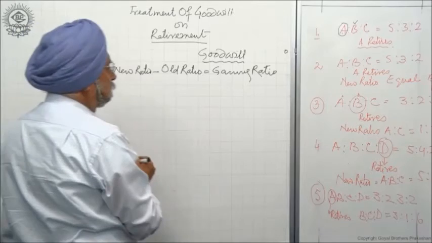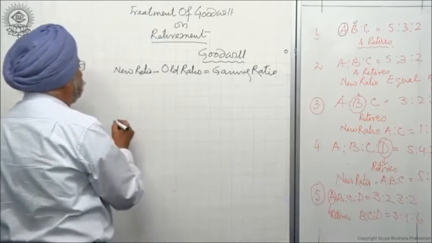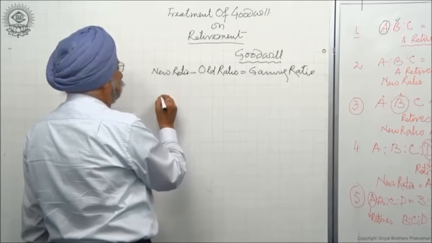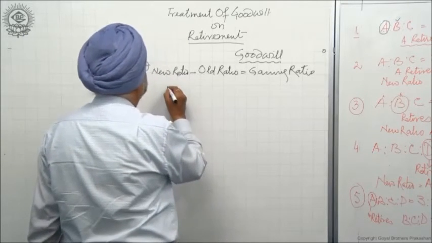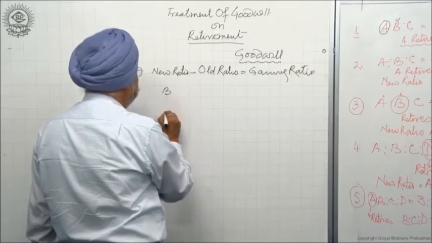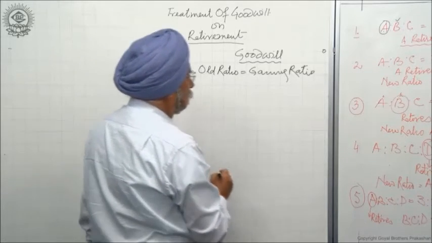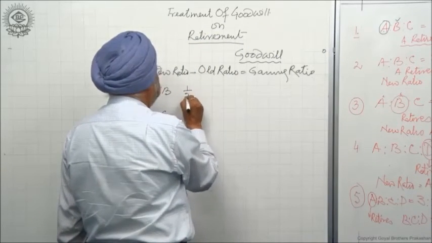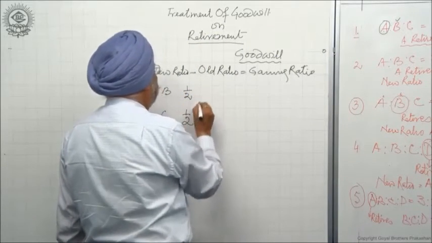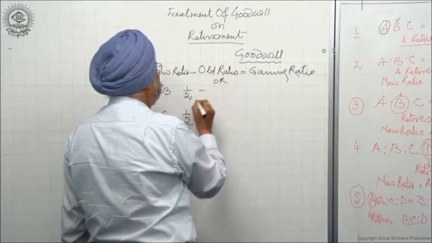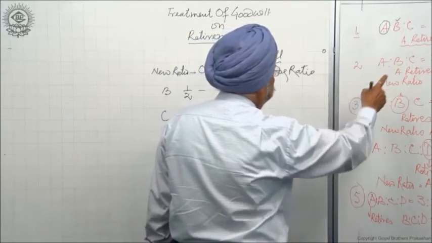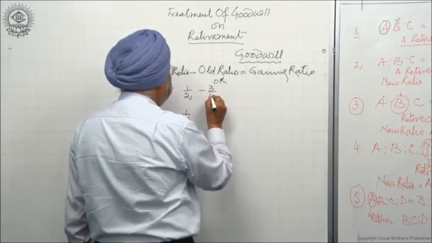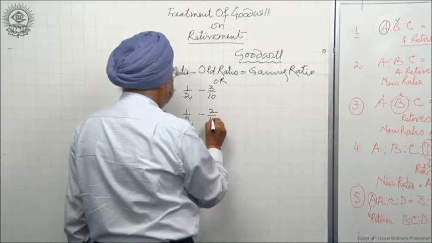In this case, we have A, B, C, A retires, and we have the new ratio of B and C equal, 1/2, 1/2. This is the new ratio. And their old ratio of B and C is 3/10 and 2/10.